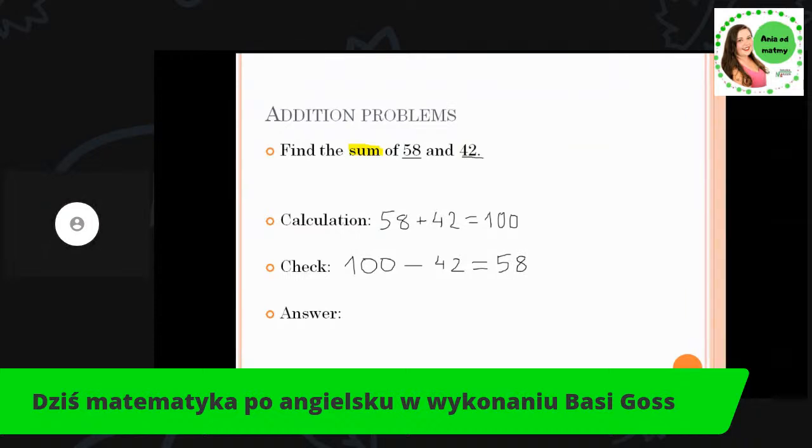And now we want to write our answer using a full sentence. What would be the sentence?